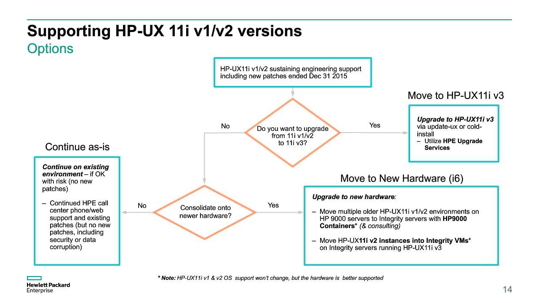Now, if you want to move to new hardware, there's a few options. So, one of the things that we can do relatively easily is to move those operating system instances into containers running on the latest hardware and the latest operating system, HP-UX 11iv3. We do have Pointnext consulting services to help you to do this, so you're not on your own.